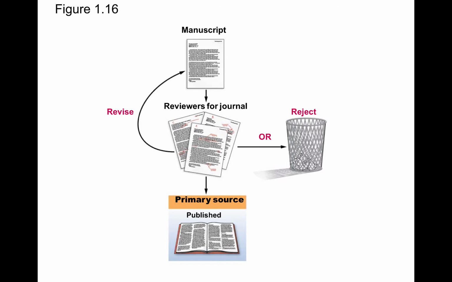So oftentimes you'll have a revision process, then the researcher will resubmit the manuscript, and then depending on those corrections, it may be published. However, a lot of times what happens is the article is going to be rejected. Maybe it was not submitted to the correct journal for what that journal is interested in publishing.